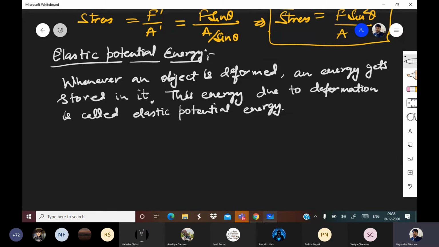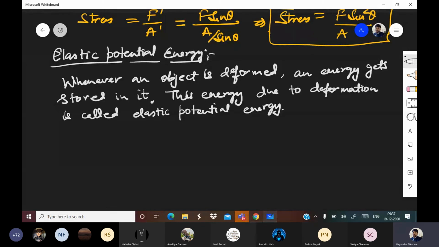If you have seen the example of spring, it is the same energy, elastic potential energy. If you have seen the example of bow and arrow, it is the same energy. So wherever you see shape deformation and energy associated with that, it is due to elastic potential energy.